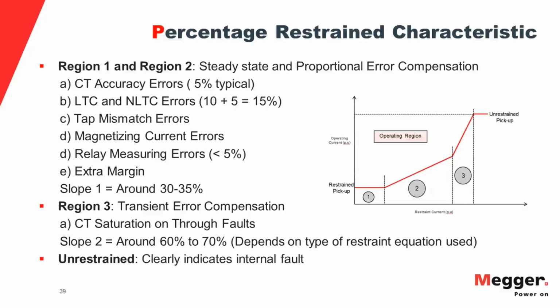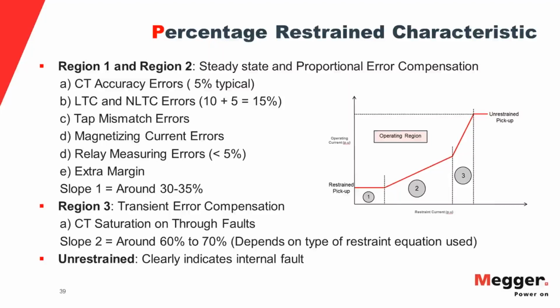If it is lower than the slope, then I would restrain my relay from operation. As simple as that. With this slope, I am providing all the margins caused by CT accuracy issues on both sides, by my tap changer issues, by magnetizing current errors, and by the errors caused by my relays.